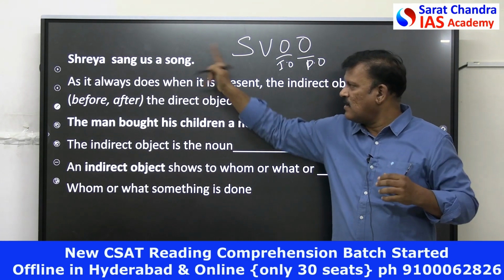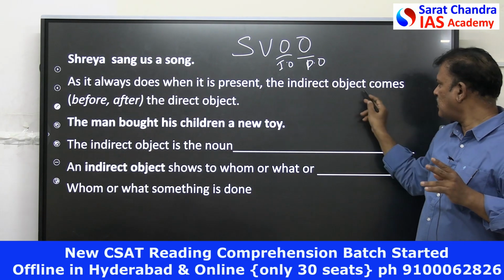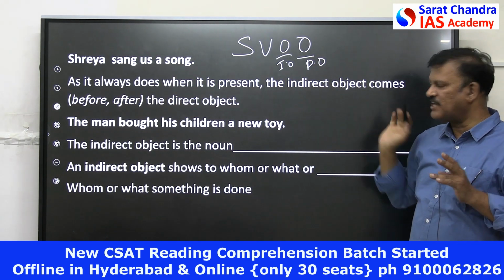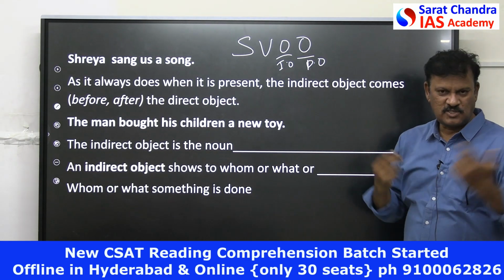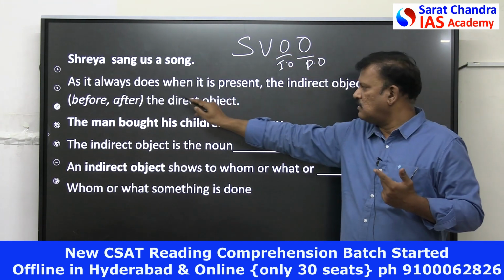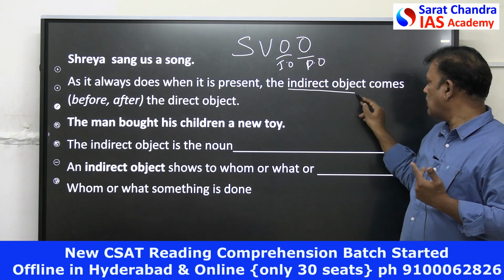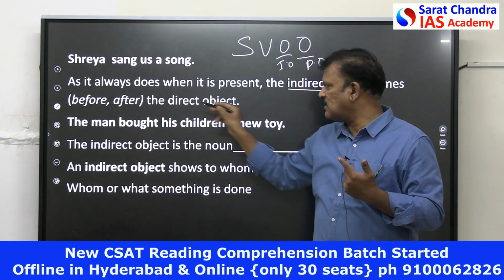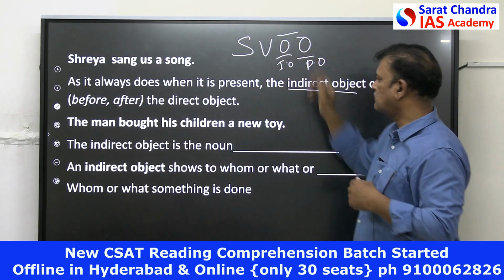When it is present, the indirect object comes before the direct object. You give me, is it before or after? I'm just trying to see whether you understood my point or not. If you have this kind of structure, the indirect object comes before the direct object. Before or after? Before. Yeah.